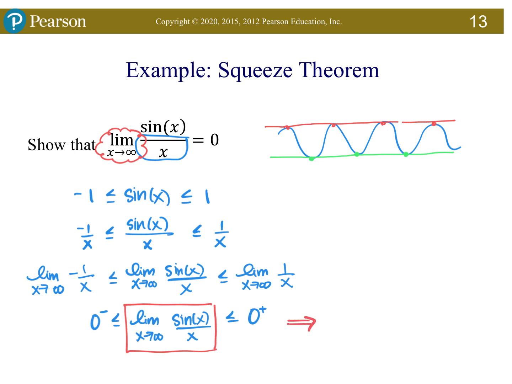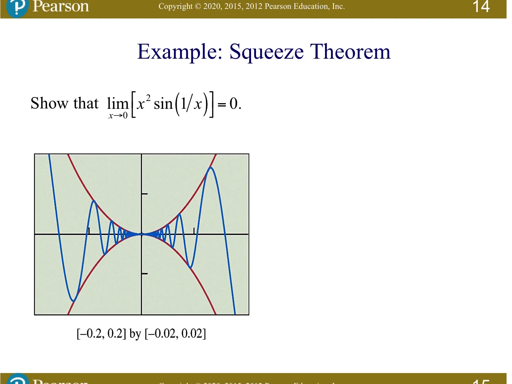And the only possibility then is that the limit as x approaches infinity of sine of x over x must be equal to 0. It's the only possibility because that's the only number between 0 minus and 0 plus. That's an example of the squeeze theorem. Let's look at it again.